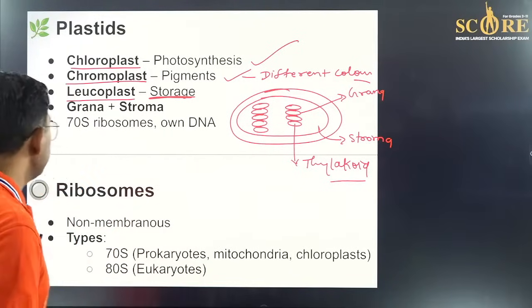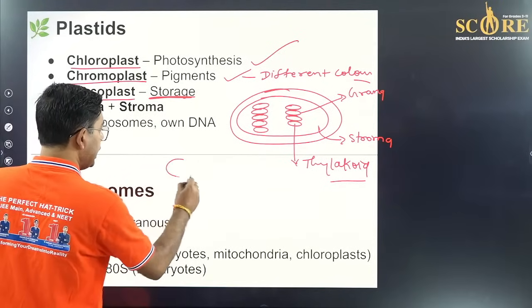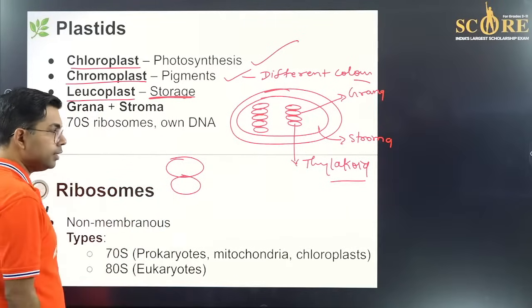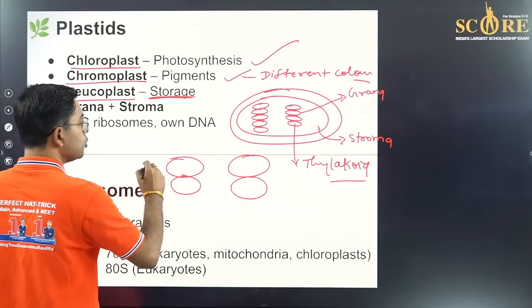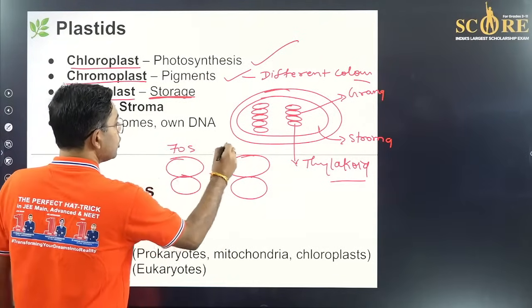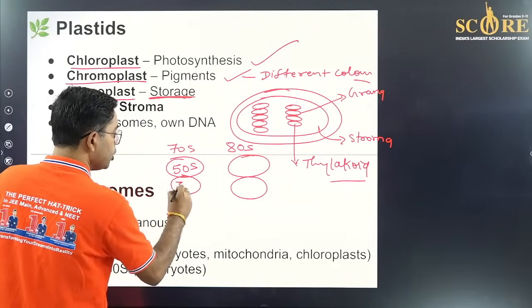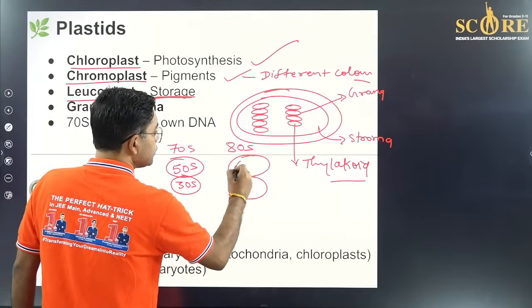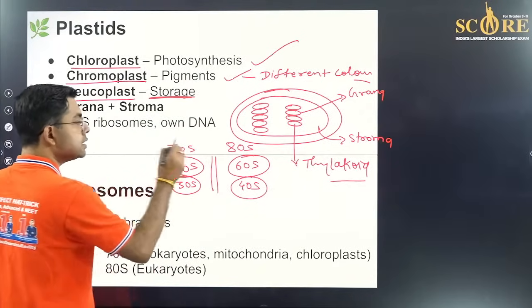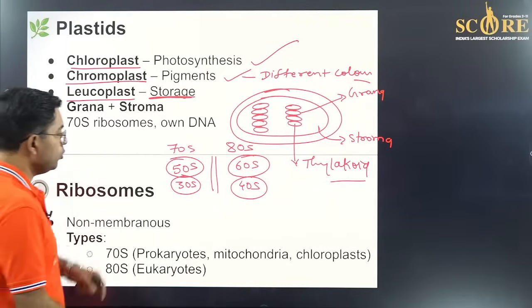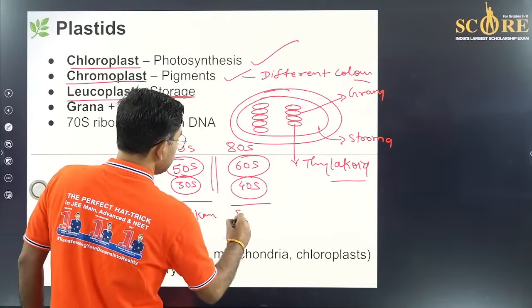Then comes the ribosome. Each ribosome has two subunits. Now there are two types of ribosome, one is called the 70S, another is called the 80S. 70S has two subunits, larger one is 50S, smaller one is 30S. 80S, larger one is 60S, smaller one is 40S, right? We know that 70S is present in prokaryotes and 80S in eukaryotes.